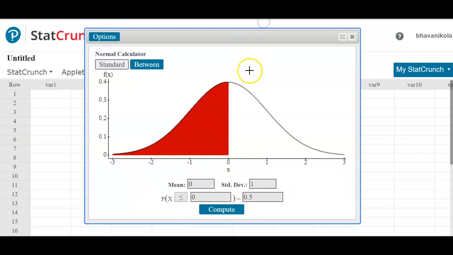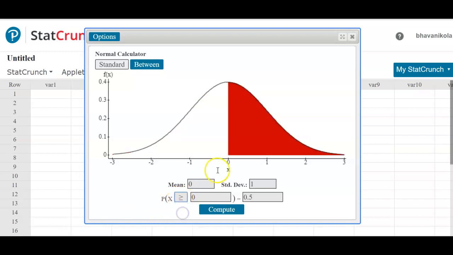So let me go ahead and erase it. So you can see this is your z-score and this is your area or your probability. Keep in mind, the calculator is always defaulted to the left-hand side. So if I want to find the area to the right-hand side, all I have to do is choose greater than, and you will see the area is to the right-hand side.